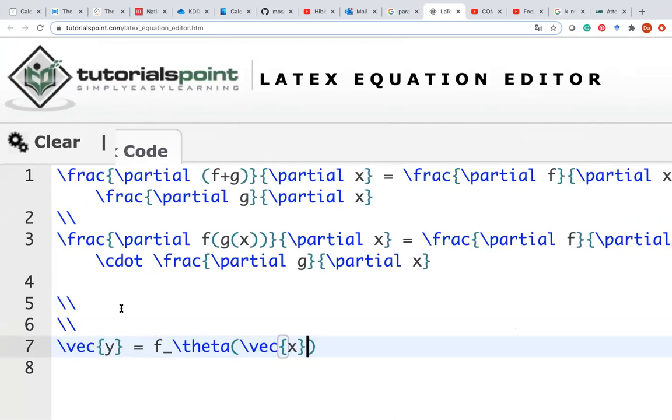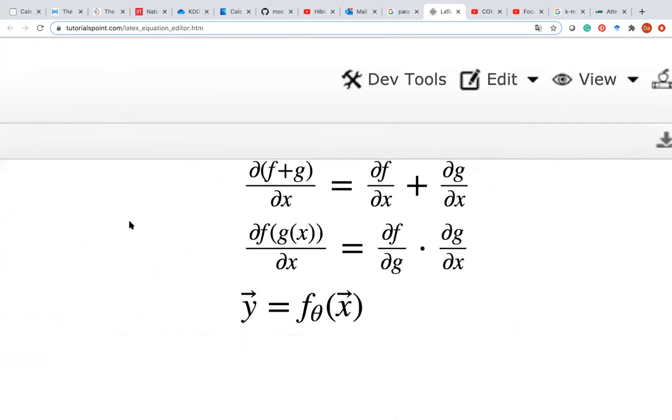Y may not be a single value, but X is always a vector, so X1, X2, X3, different attributes. And Y usually is one value: for classification, it's a label; for regression, it's a value. But in a lot of cases you can have multiple values, like multitask learning. We see where the cat is, X1, Y1, X2, Y2, along with, for example, whether it's a cat or a dog.